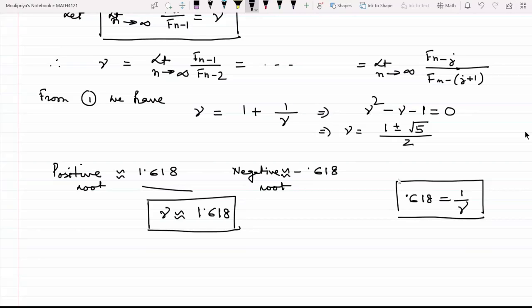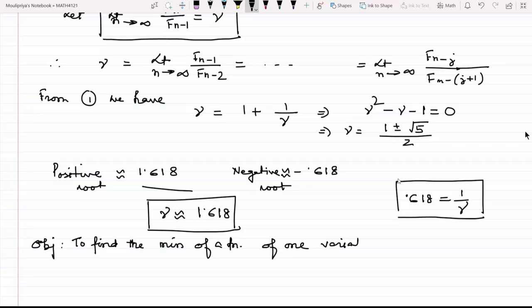And the objective of golden section search is again to find the minimum of a function of one variable, and the tool that we are going to use is also the same, which is the region elimination method.